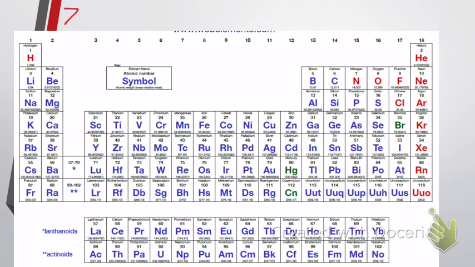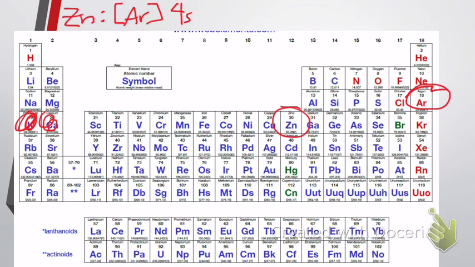And we're going to do the shorthand method. Zinc has 30. There's the 30. So we go up a row and we look. So it's going to look just like argon. Except now it's going to have 4s1 and 2. And 1, 2, 3, 4, 5, 6, 7, 8, 9, 10. 3d10. So that's zinc. What if we do copper?